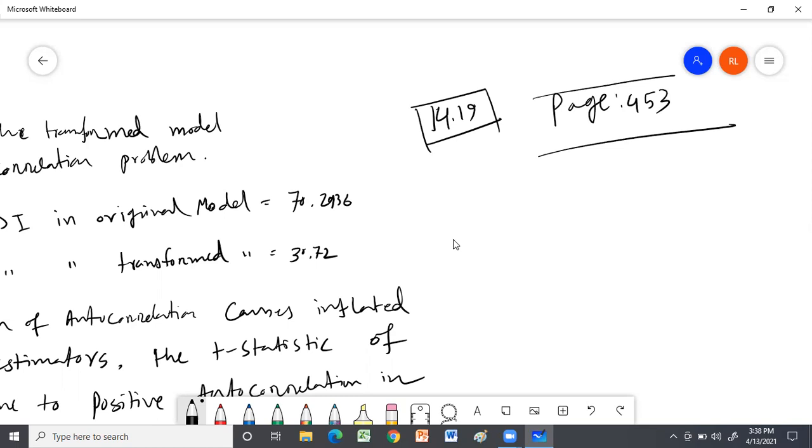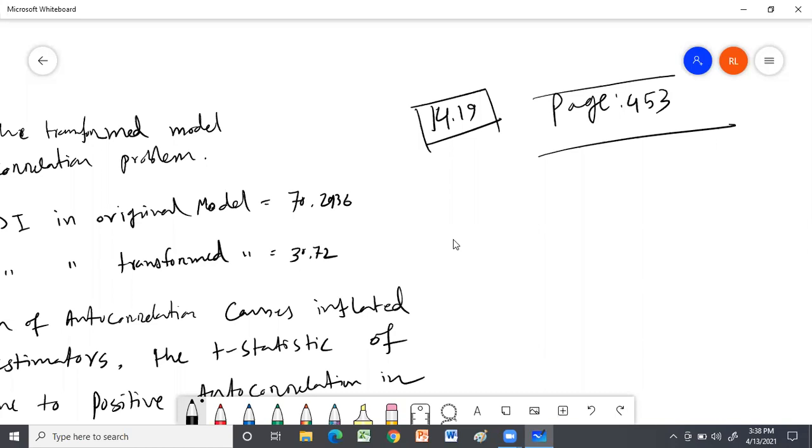Yes, sir. This is just a given model consisting of 3 independent variables. And here they have also mentioned an assumption that the error term follows the AR1, that means Markov first order or first order autoregressive scheme. Autoregressive means the error term follows the earlier year's or 1 year lag period error term. How do you transform this model so that there is no autocorrelation in the transform model?